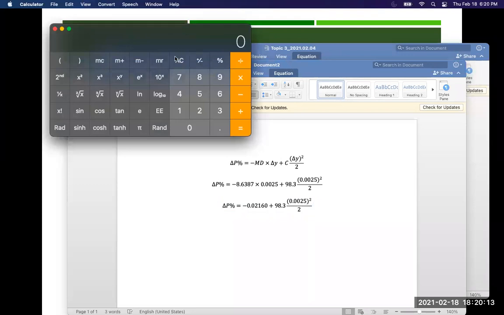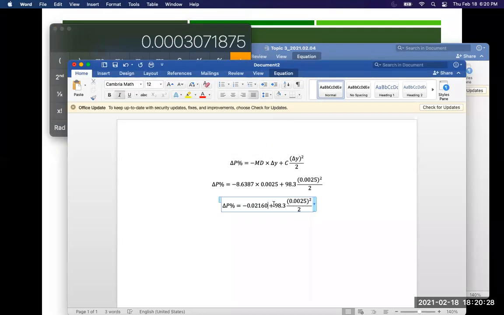Now, 0.0025 squared divided by 2, very small number, times 98.3. That's about 0.1 basis points. Just because it's such a small number, I'll add that.